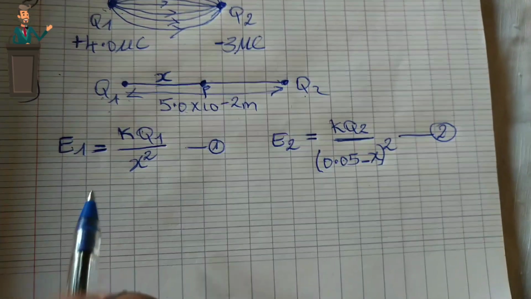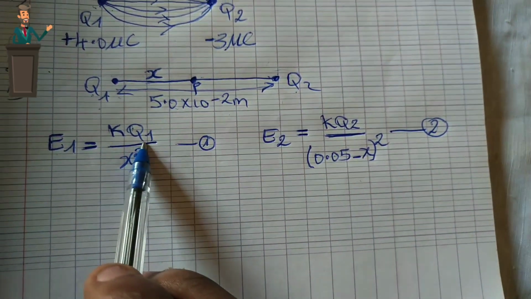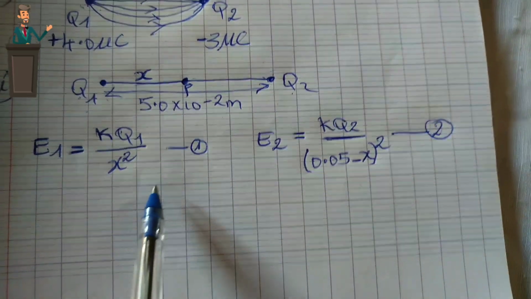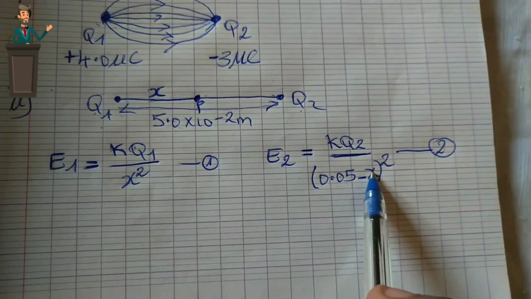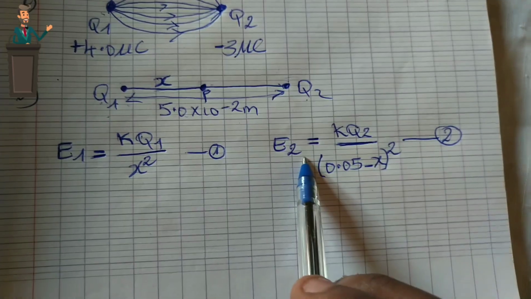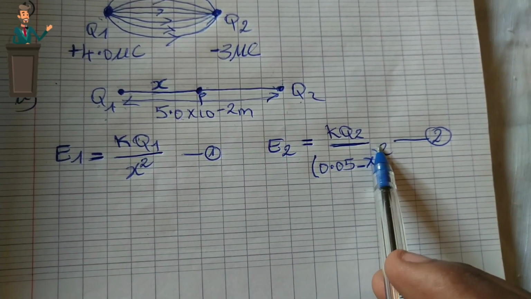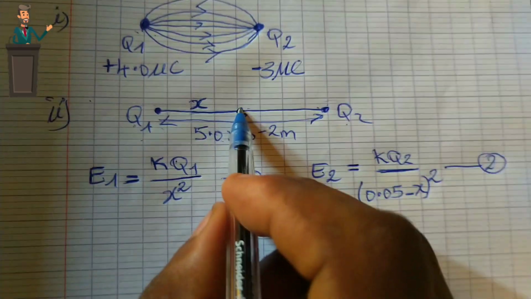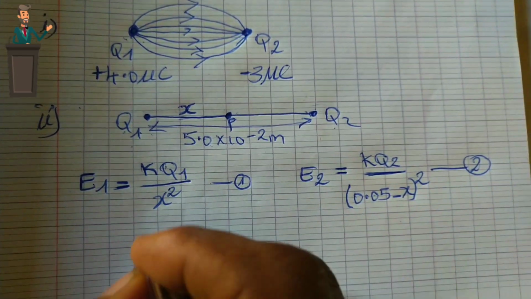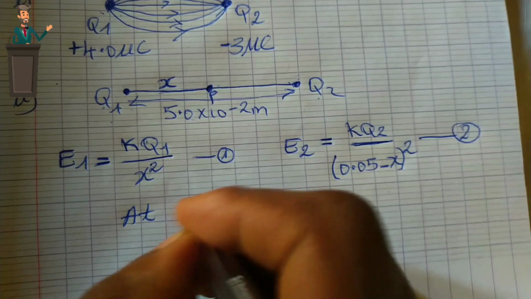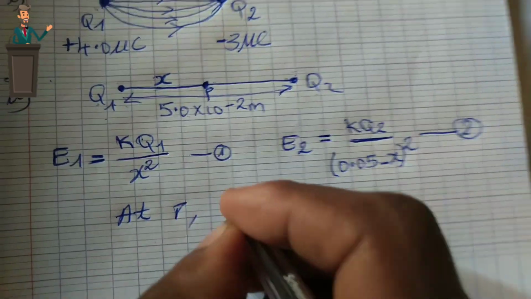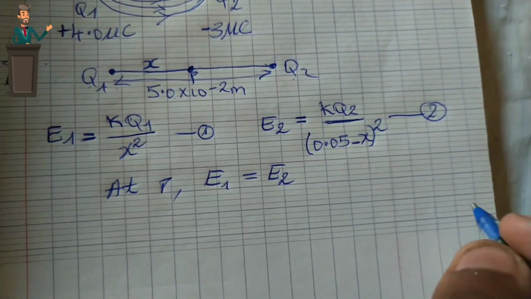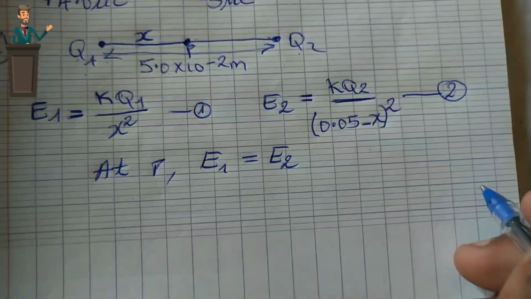Okay, for the electric field strength due to Q1 and Q2, meaning for E1 and E2 to cancel out each other and become 0, it means that at this point P, E1 is equal to E2. That is a simple logic.